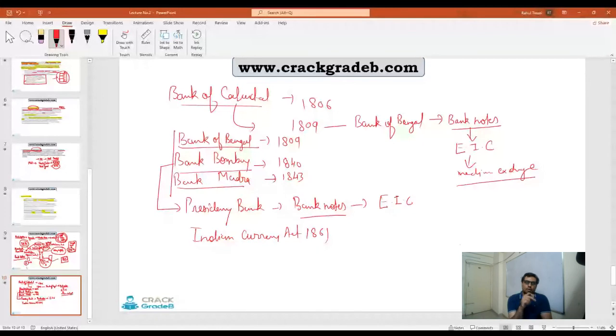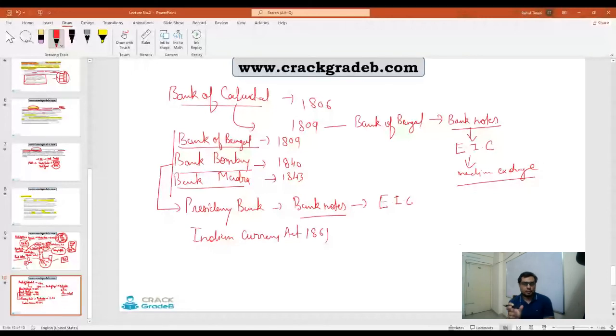So is today's 1 rupee note a bank note or a currency note? Is it a bank note? No, it's a currency note. Why? Because the 1 rupee note is still issued by the government of India.